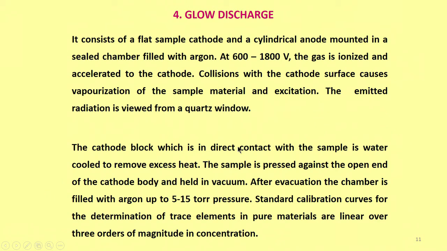So, the cathode block, which is in direct contact with the sample in a spectrometer, has to come in contact with your sample to vaporize it, right. The sample must be cooled to remove excess heat, otherwise it makes no sense, because the excess heat will normally decompose many other components also.